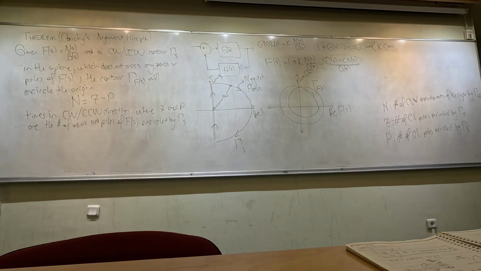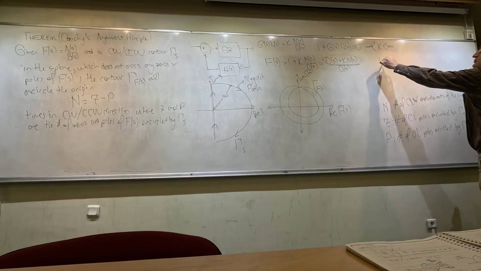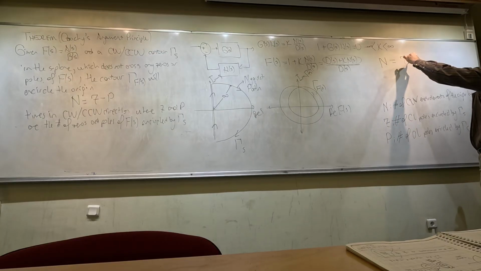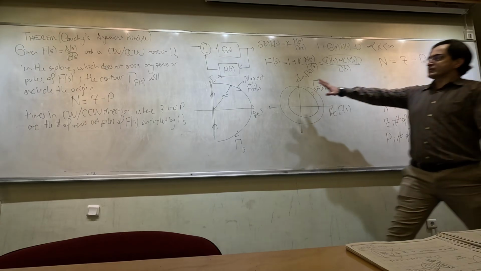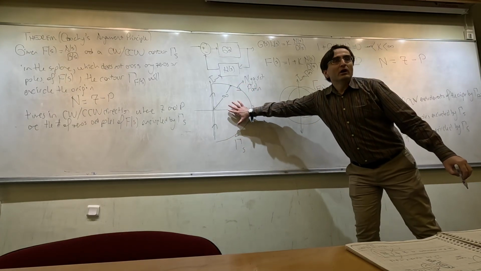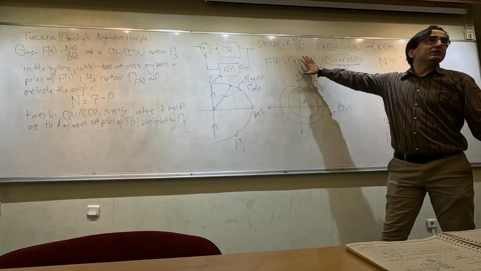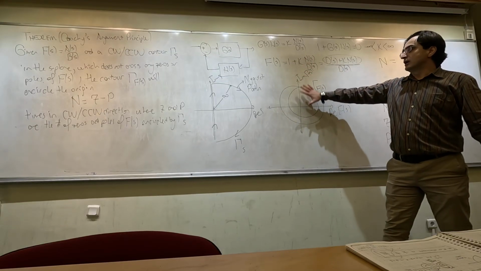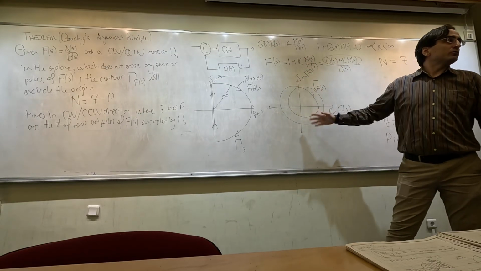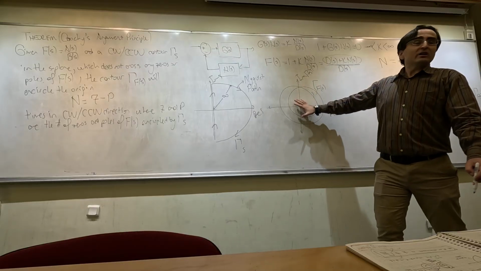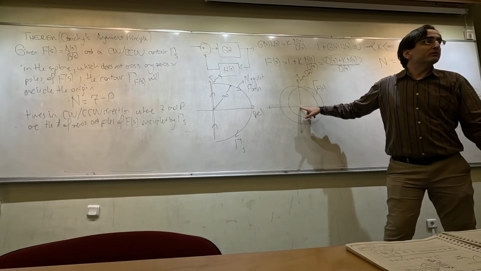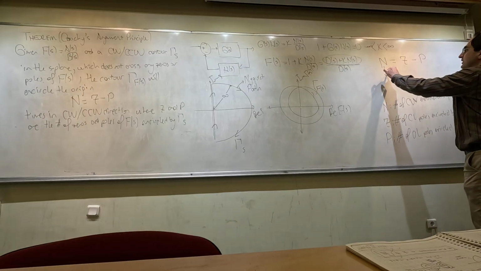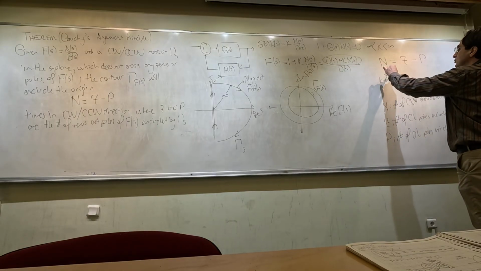So here, we know the relationship between N and Z minus P would be like this. I will start with this contour, and I will transform that contour by this transformation. And I will obtain this new plot here. After obtaining this plot, I will look at the number of encirclements of the origin. This is going to be my N, and this is going to be known by us.